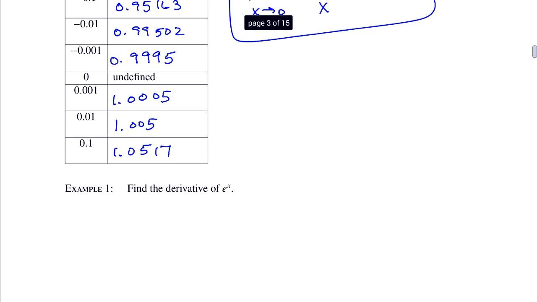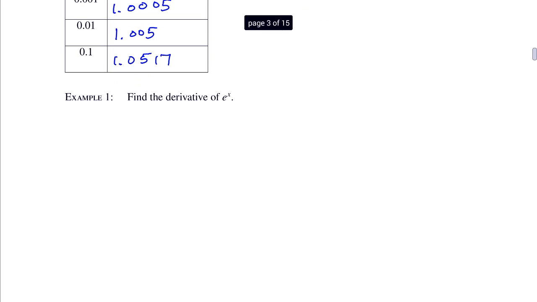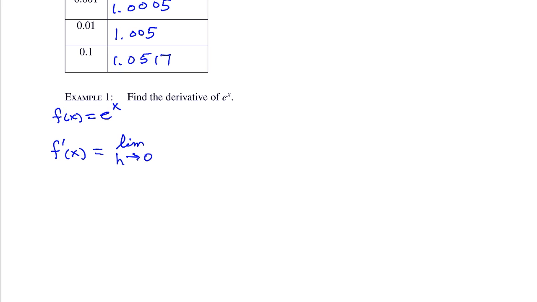All right, let's calculate the derivative of e to the x, and we'll do it the long way here. So f of x is equal to e to the x. The way to derive a derivative is to use the difference quotient: the derivative of a function is the limit as h goes to 0 of f of x plus h minus f of x over h.